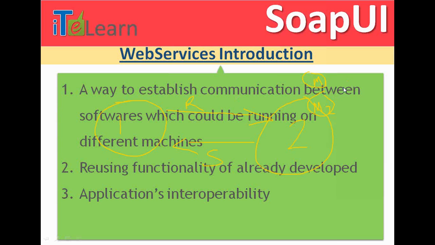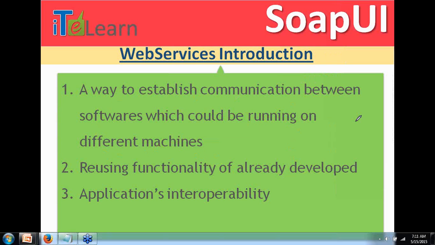Let me erase this. As I said, there are a lot of products already developed on old technologies, on mainframe or some other old technologies. So how will they communicate with newly developed software? They expose some methods or functions to the outside world, and this way we can use that functionality.